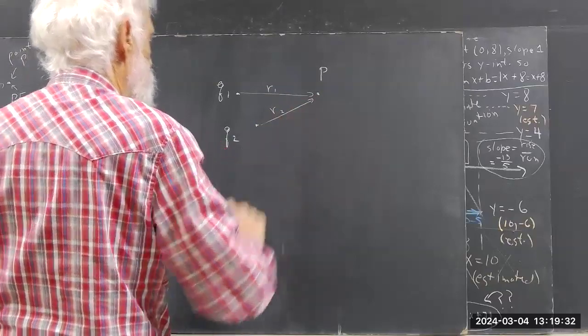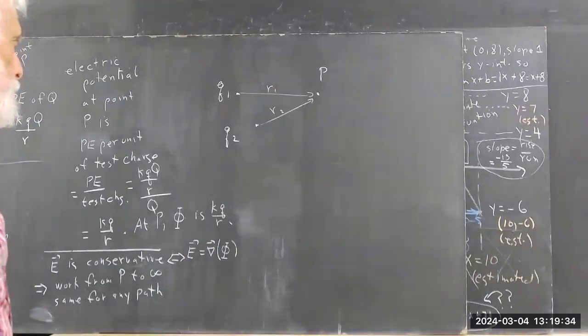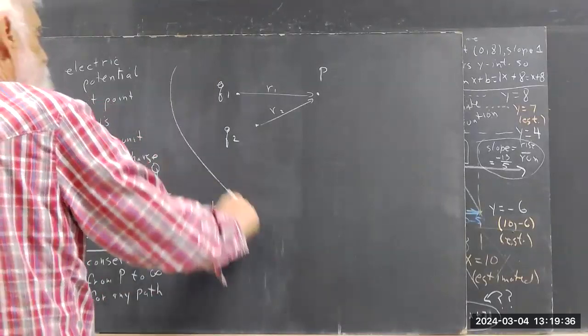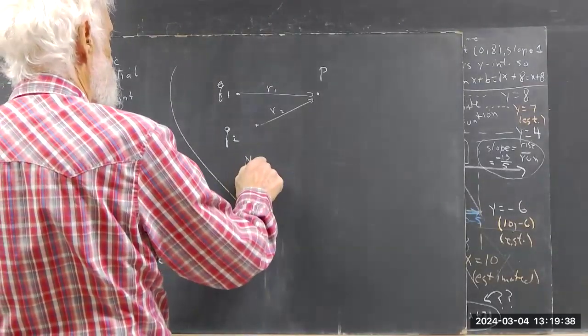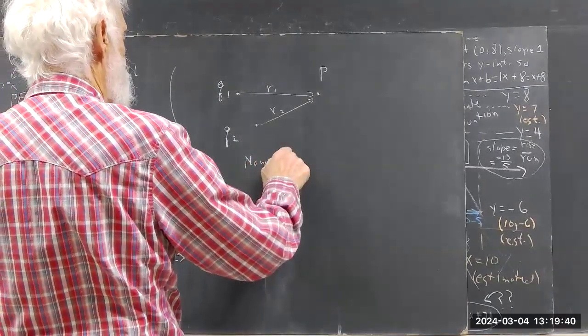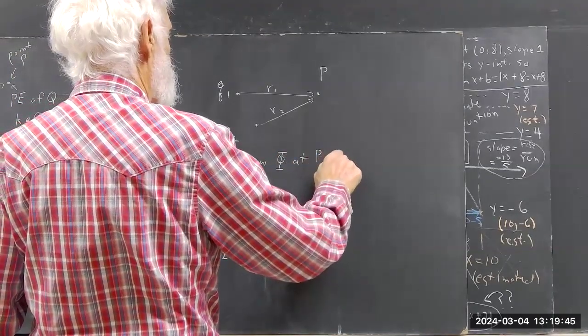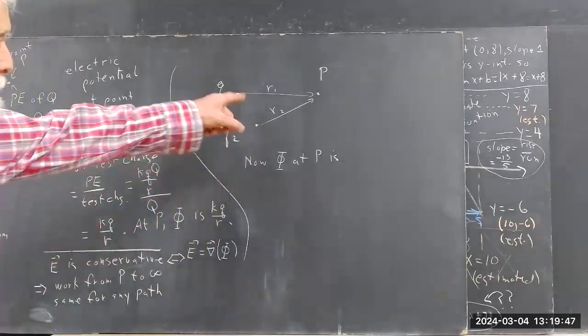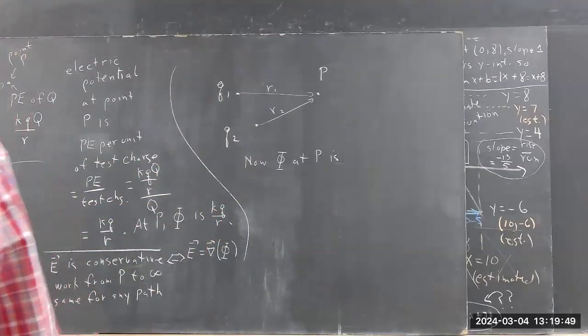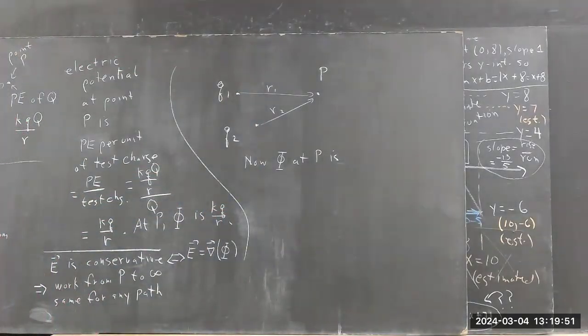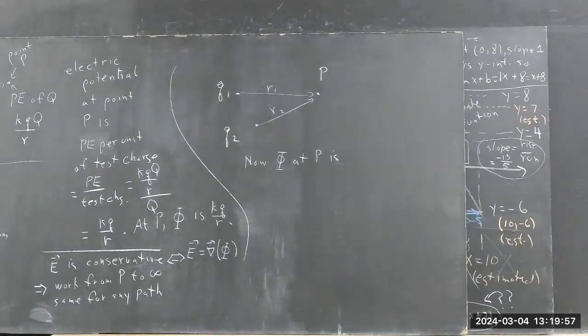This distance is R2. What do you think phi would be at that point? We took a stab at it.